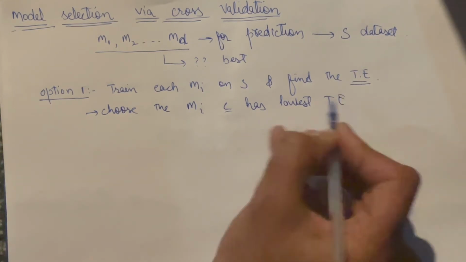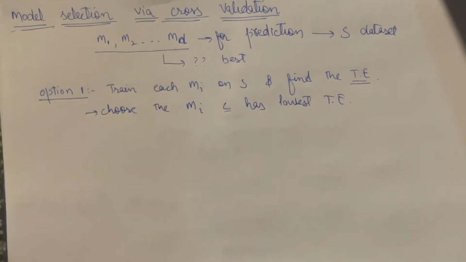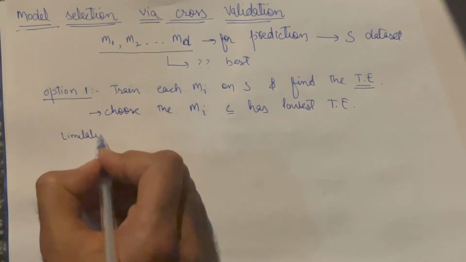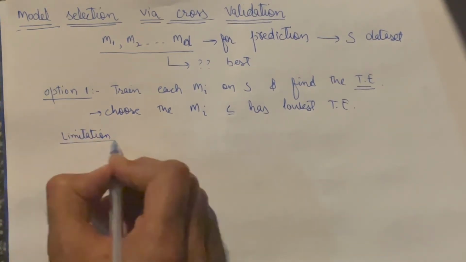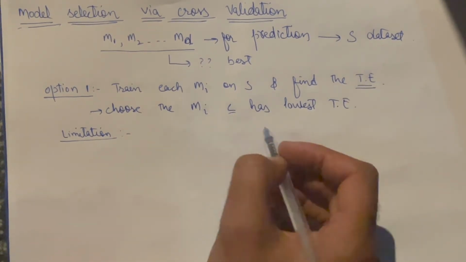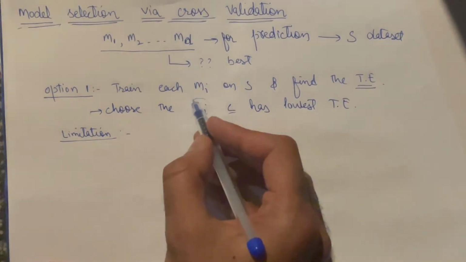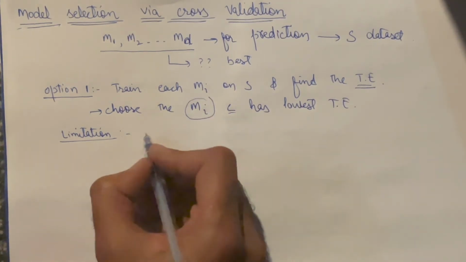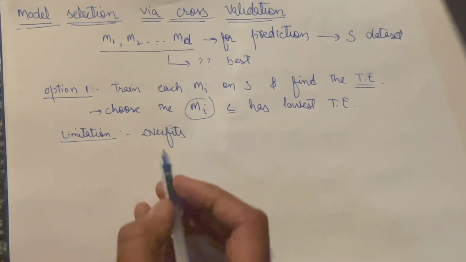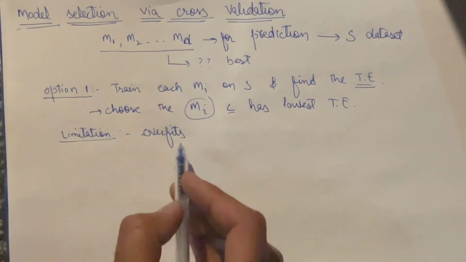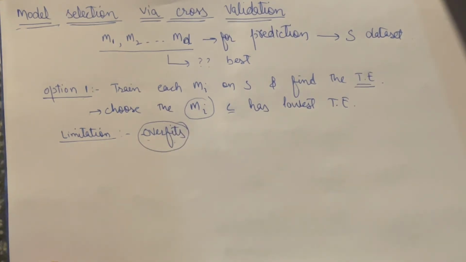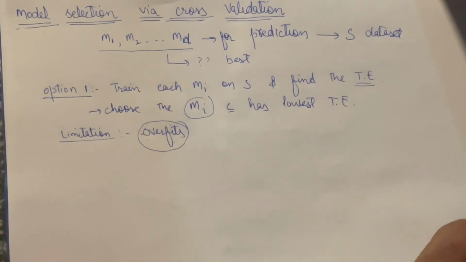This is one option. But the limitation is that we are choosing the model with the lowest training error, and there is a possibility that we have found a model which overfits. So the limitation of option one is that we may choose a model that results in overfitting. So this option is not correct.